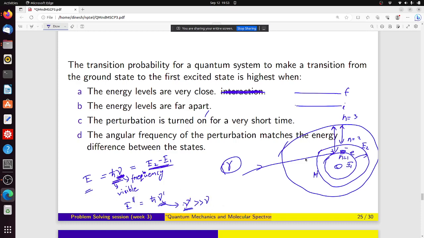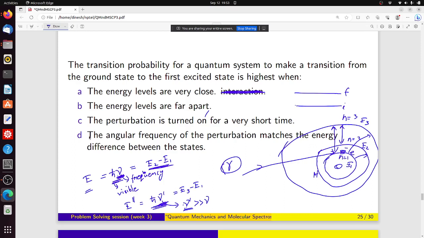In that case I can meet this condition, like E3 minus E1. I can provide this much energy to make the electron transit from first state to third state, right? So it depends on how much energy I am providing. So if they are close or far apart, it does not matter.